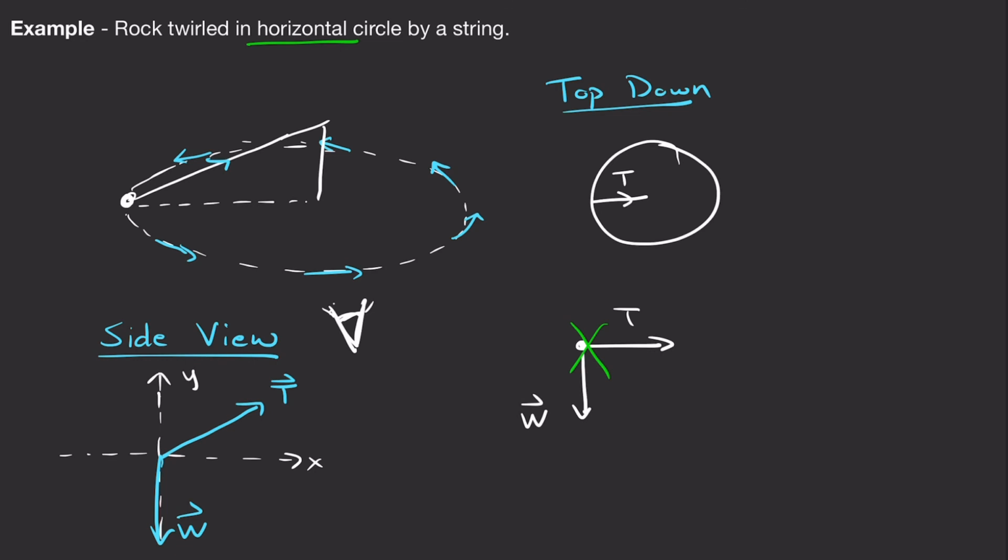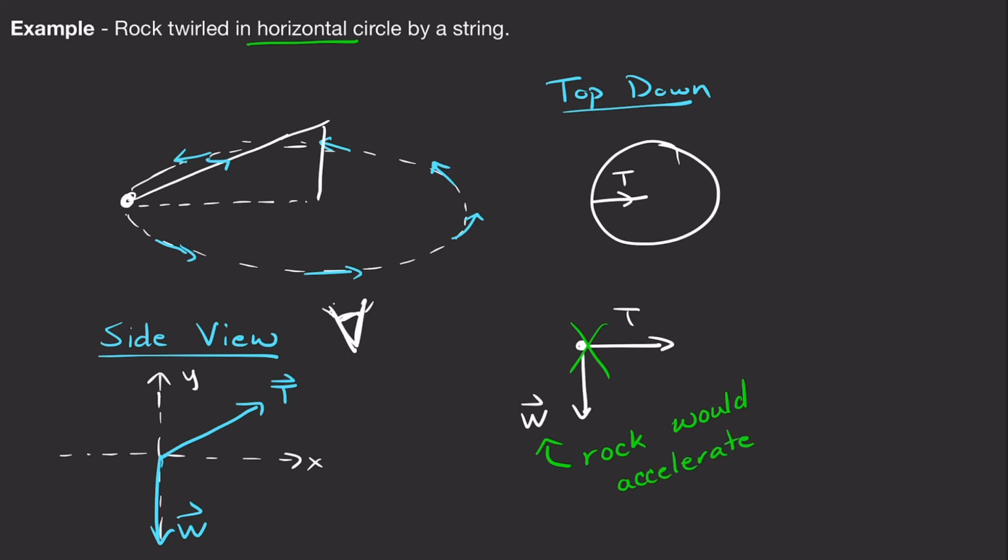Well, if it's in a horizontal circle, that means it's not accelerating up or down. And if you had this, there's only one force in the y direction, and that's the weight. And so if there's only one force in the y direction, that means that the rock would accelerate downward.